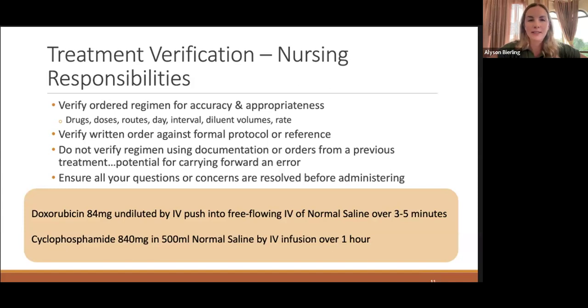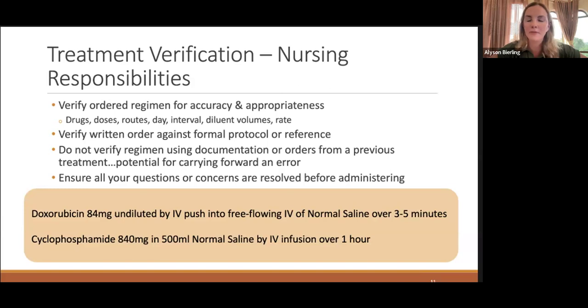And then it's also important to verify the rate. The rate of doxorubicin, you can see, is over 3 to 5 minutes, and the rate of cyclophosphamide is over 1 hour. So these are all of the components that we want to be considering as nurses when we are doing our treatment verification. And ideally, we'll be verifying these orders against a formal protocol or reference.